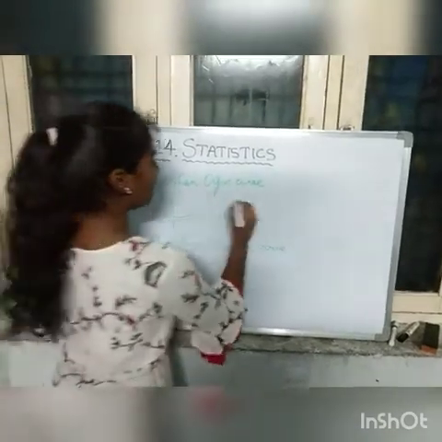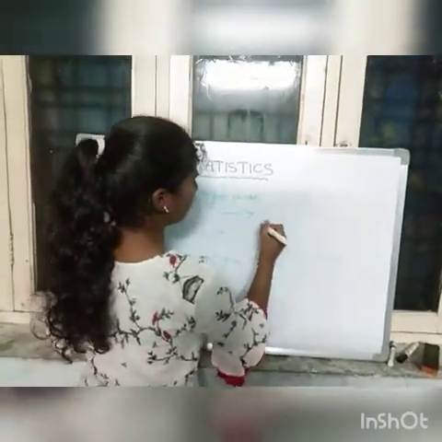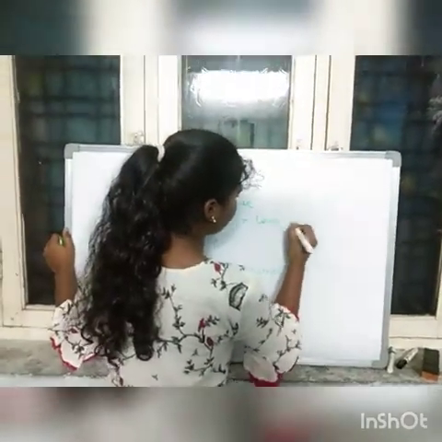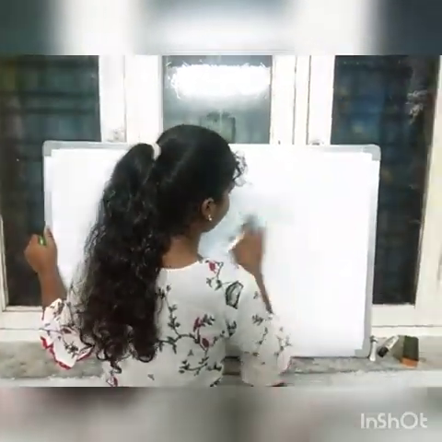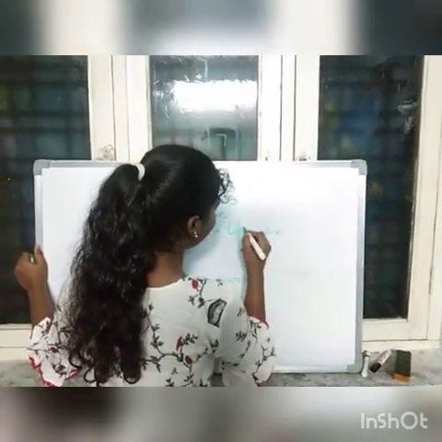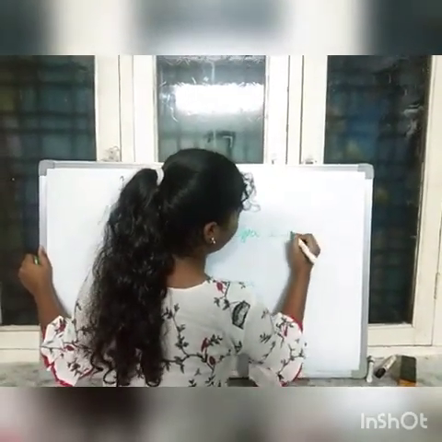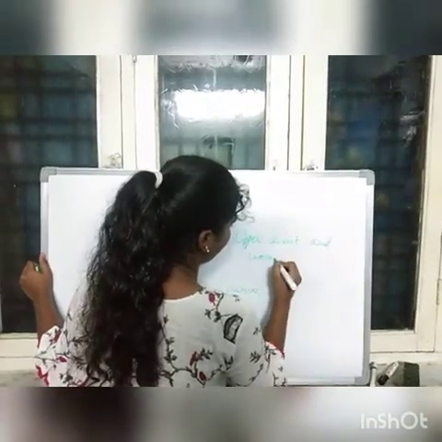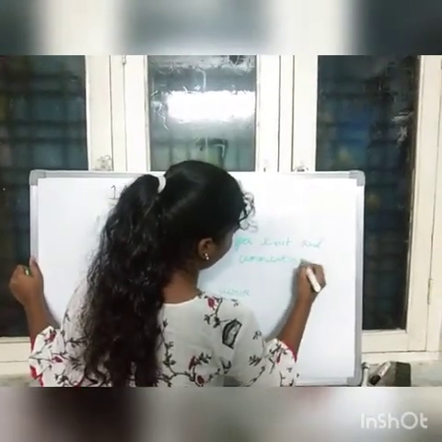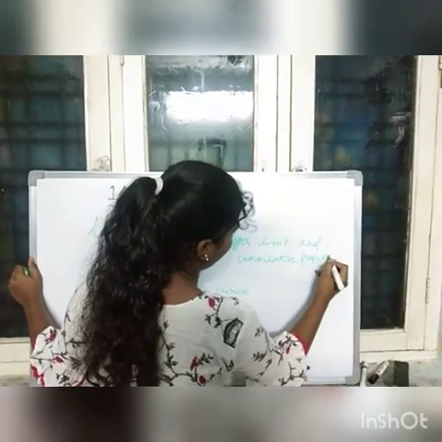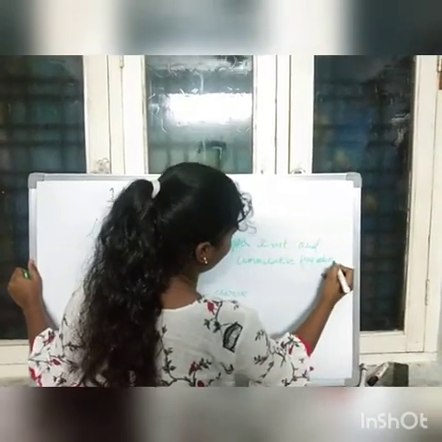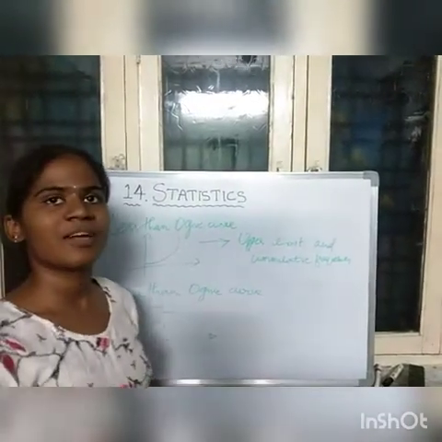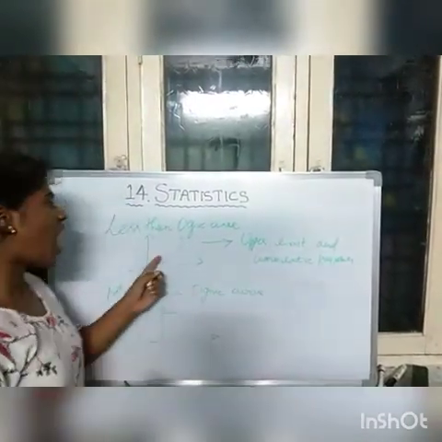For the less than ogive curve, we use the upper limit and cumulative frequency. For the more than ogive curve, we use the lower limit and cumulative frequency.